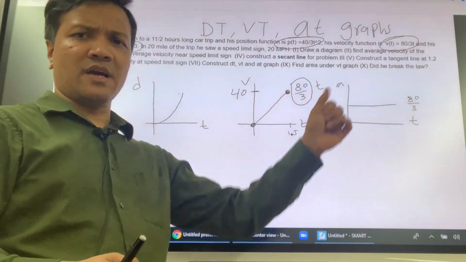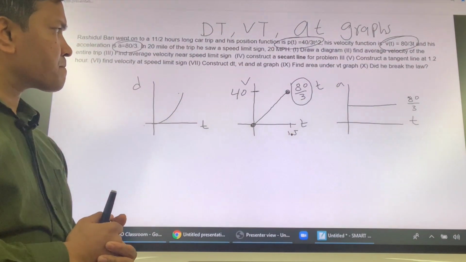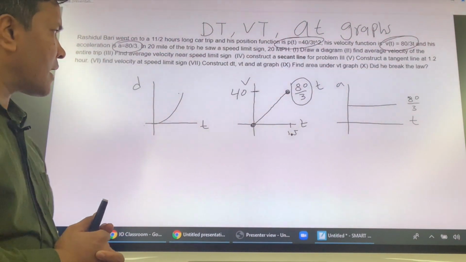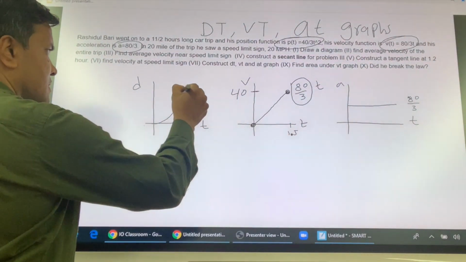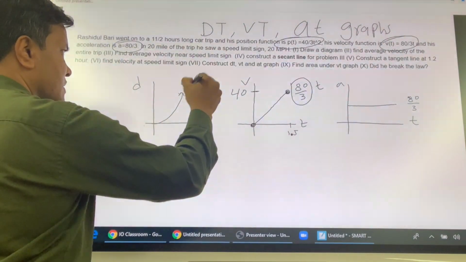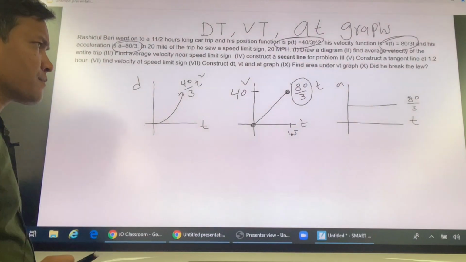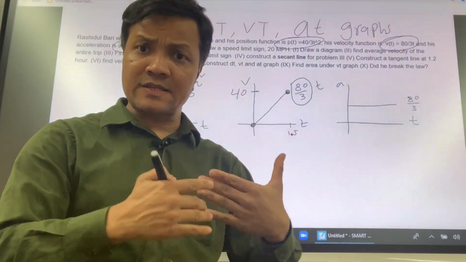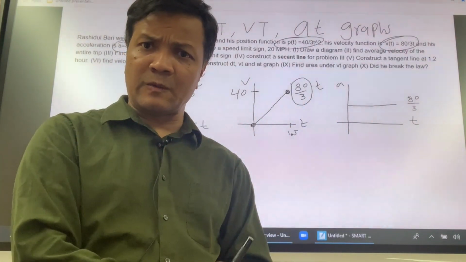Which is a function of time. And this is 40 over 3 t squared. I hope you see the connection, and the connection is embedded in calculus.